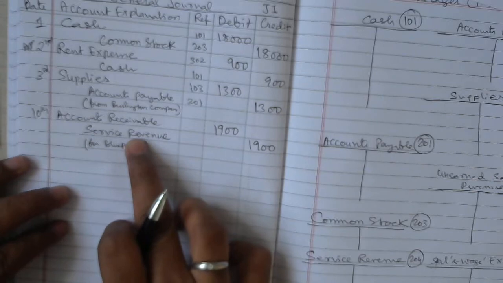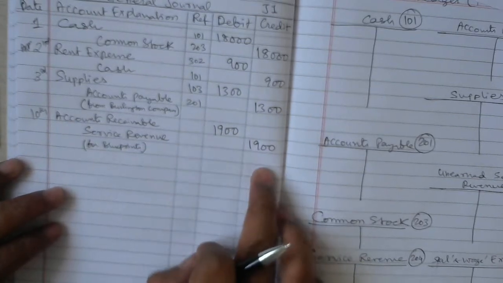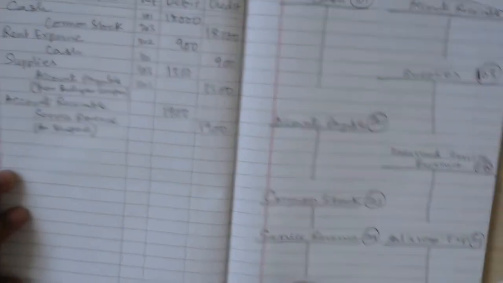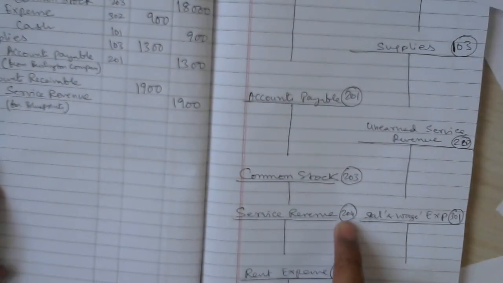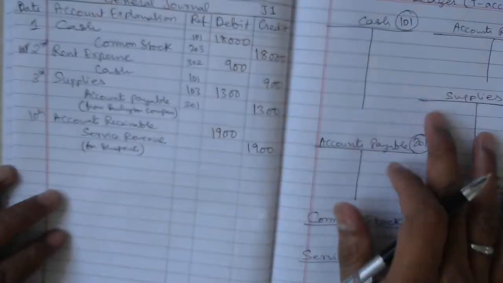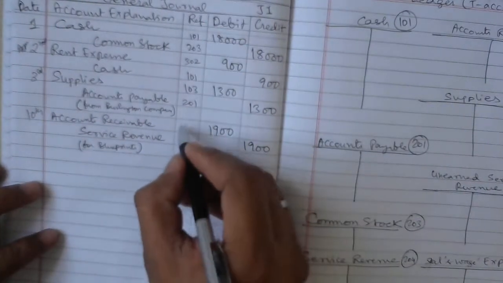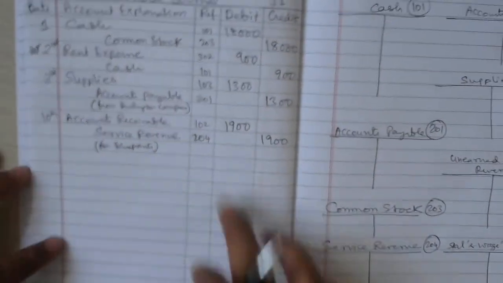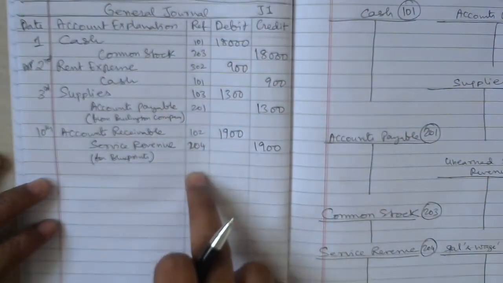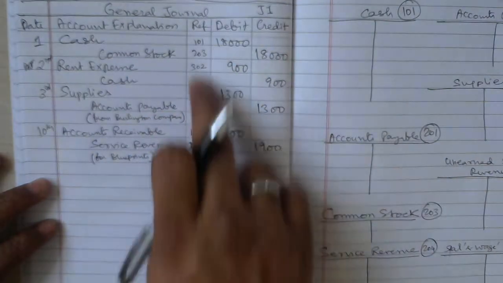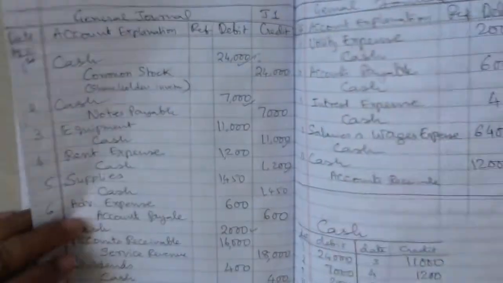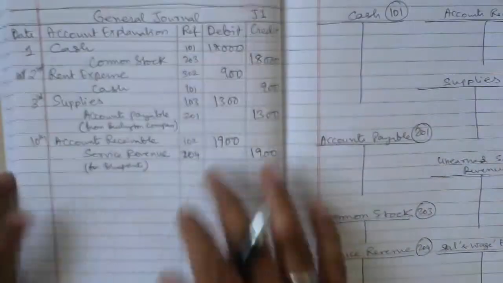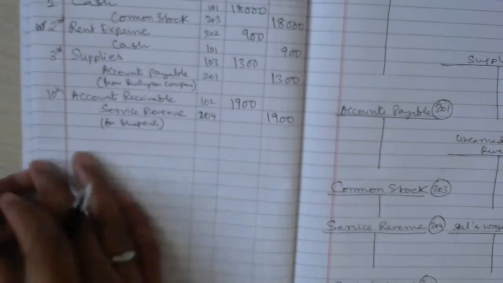Accounts receivable is an asset, and increasing asset is a debit. Let's write the numbers for this. Service revenue is 204 and accounts receivable is 102. So this is optional. If you like, you can write it, or if you don't, you can just leave it. For the previous problems, I kept the reference empty, but here, just to show you how it is done, I am writing it.